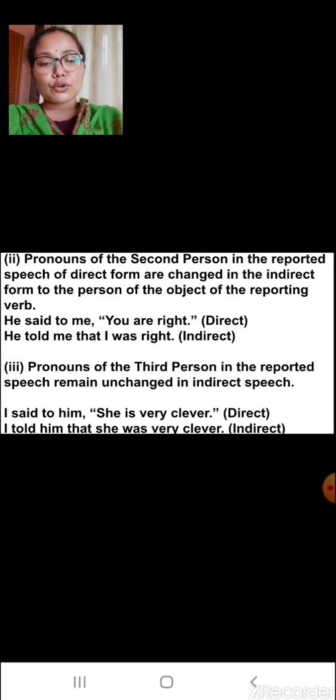Pronouns of the third person in the reported speech remain unchanged in indirect speech. For example, I said to him, "She is very clever." In indirect speech, it will be: I told him that she was very clever.